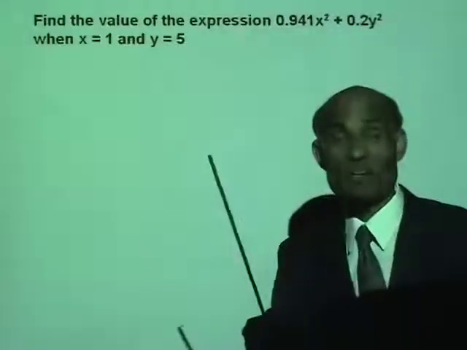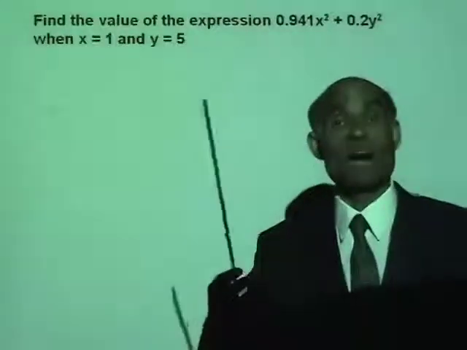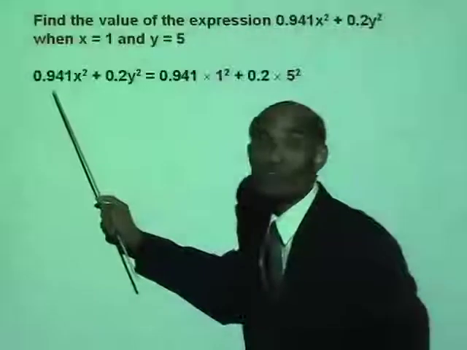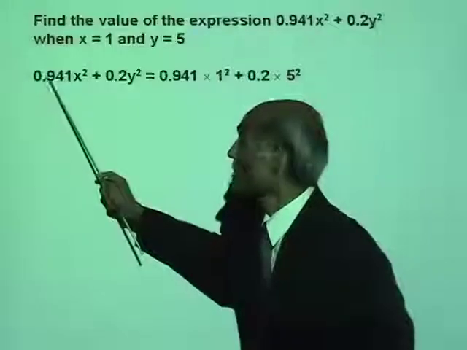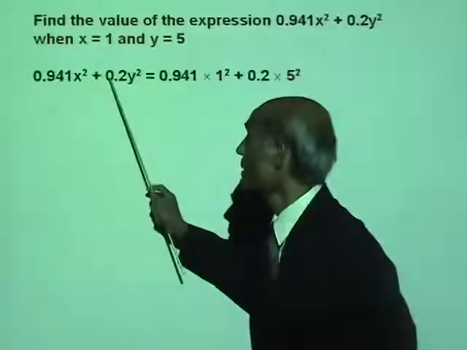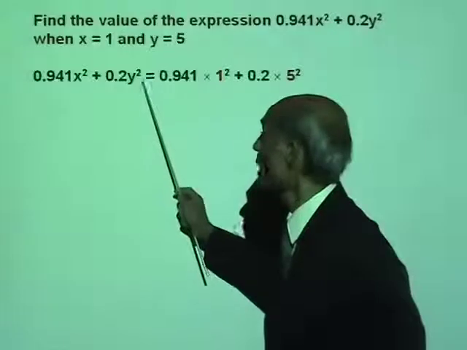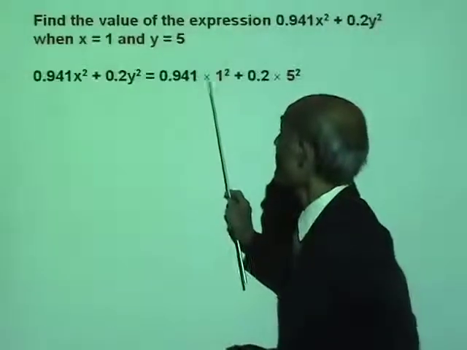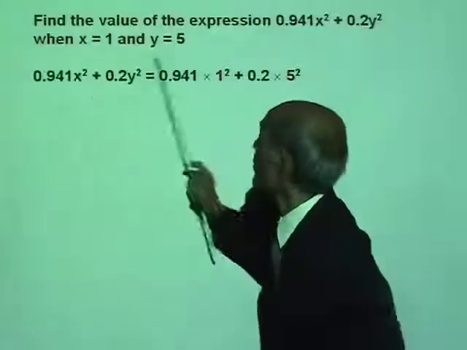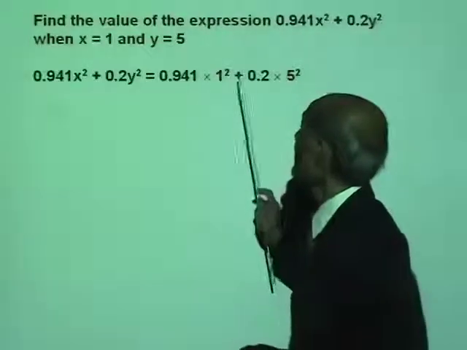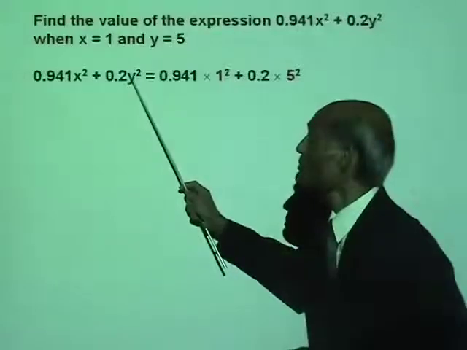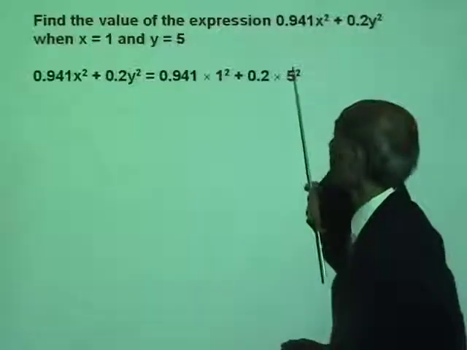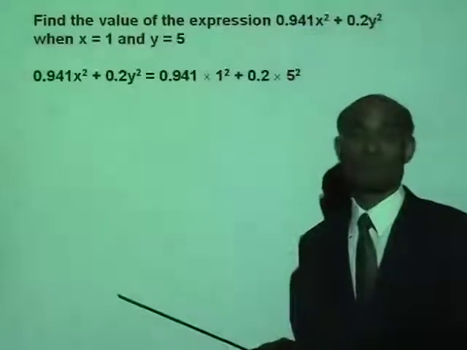Okay? Replace your x by 1 and y by 5. So, what does the value of the expression become? 0.941 x squared plus 0.2 y squared now becomes 0.941 multiplied by x squared, which is 1 squared, plus 0.2 multiplied by y squared, which is 5 squared.